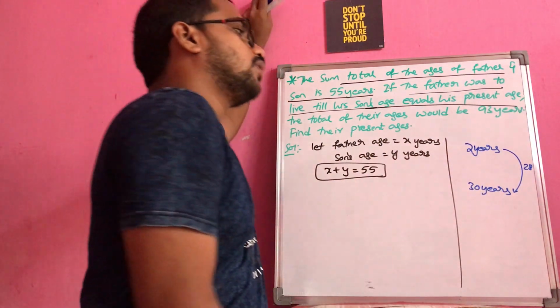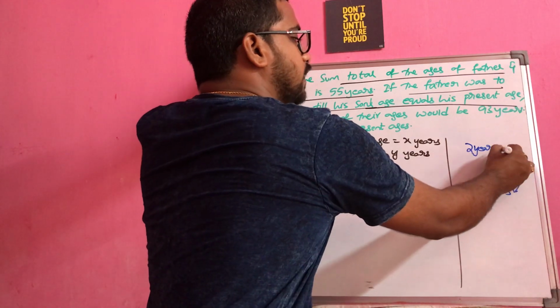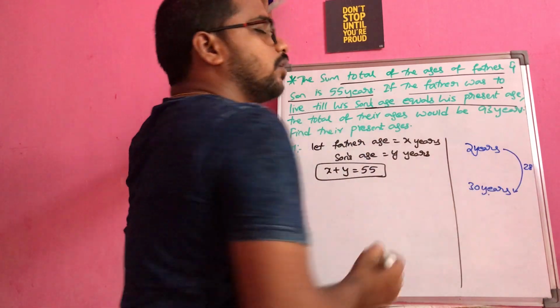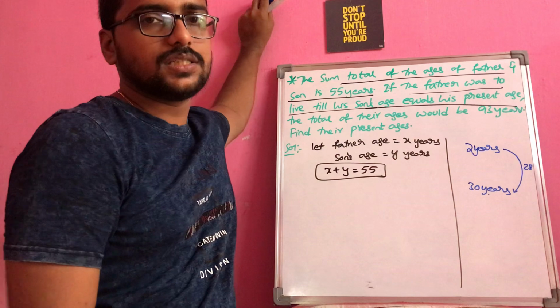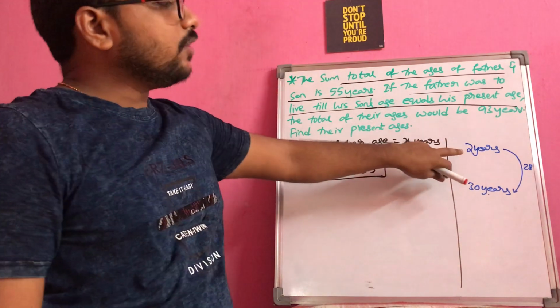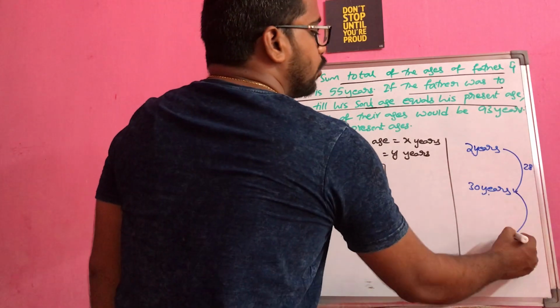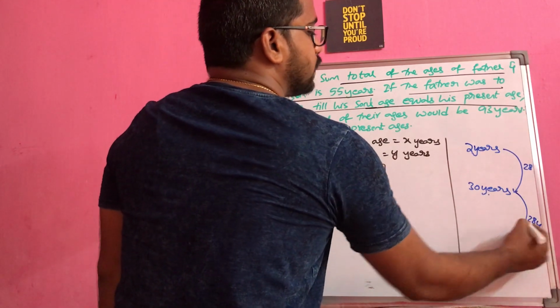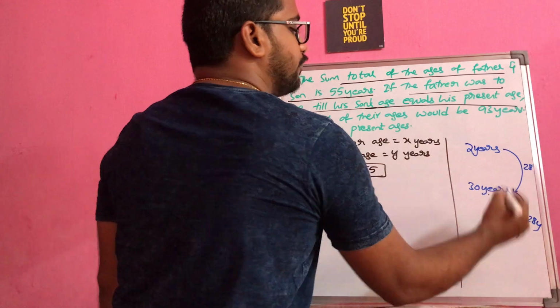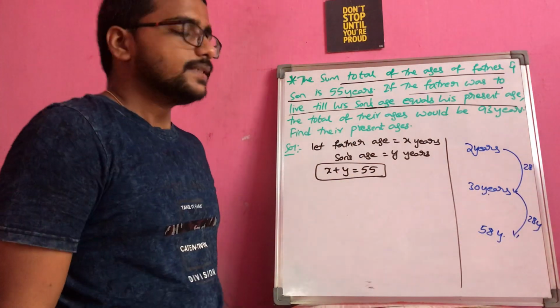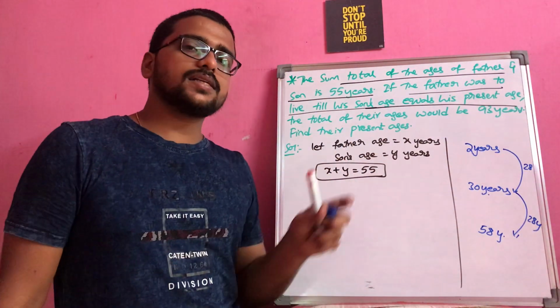Correct? And what he is saying is, his son's age becomes equal to the present father's age. So that means when his son's age becomes the father's age, he should live 28 more years, because time will be the same for everyone, and it will become 58 years. Just try to understand this one more time.